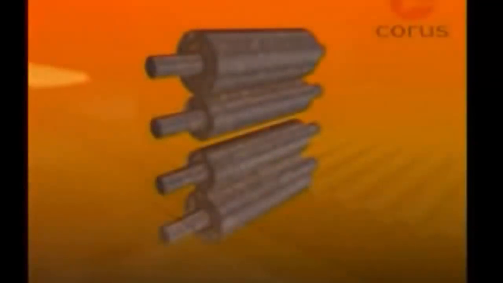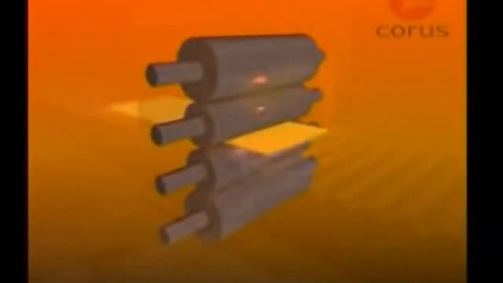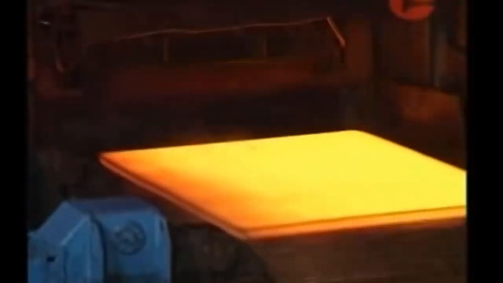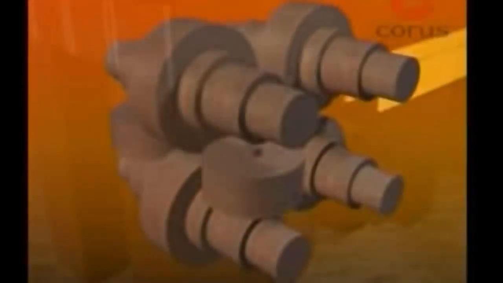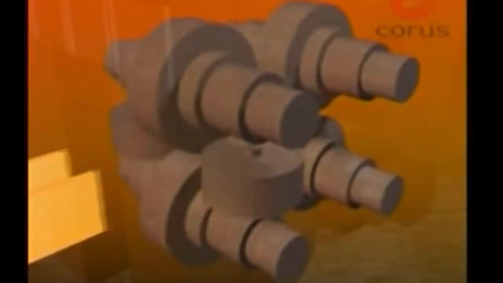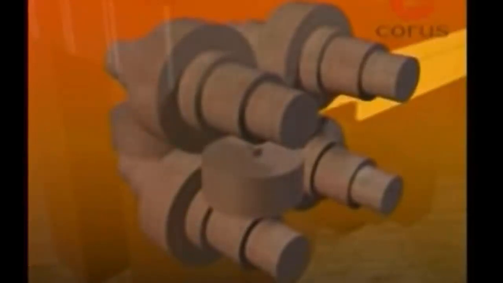Four-high stands have two work rolls in contact with the steel, supported by larger backup rolls to prevent distortion caused by the rolling force. These give greater accuracy for rolling flat products, such as plate. Universal beam mills include stands with both horizontal and vertical rolls bearing on the steel simultaneously.